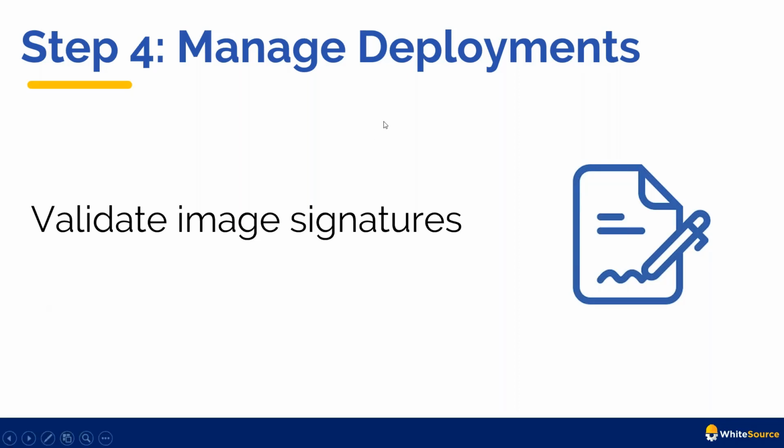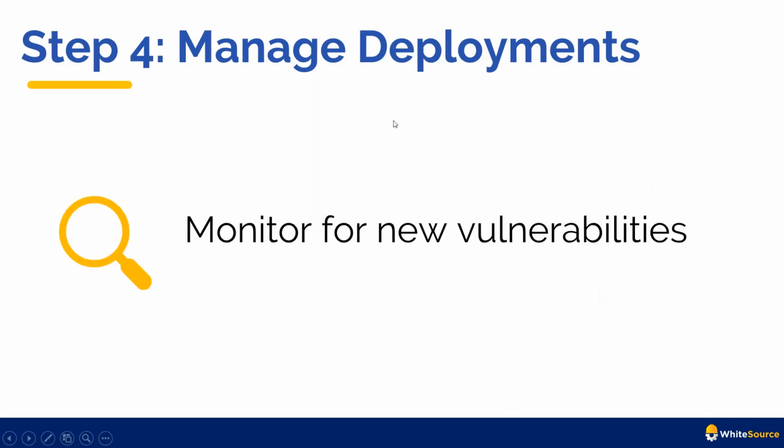And another critical step is that after everything is deployed, you still have to worry about security. You still have to get updates for newer versions, both for the Docker engine, for Kubernetes, and also at the application level. This is very important as well. And of course, monitor for new vulnerabilities.